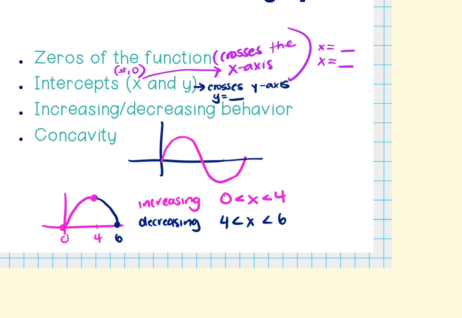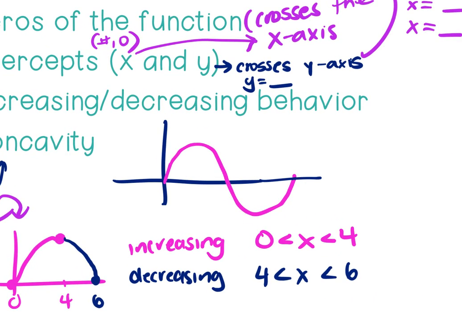The easiest way to see concave up and down from a graph is that concave up makes a U, like a parabola pointing up, and concave down does this.